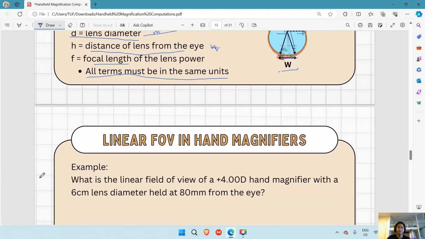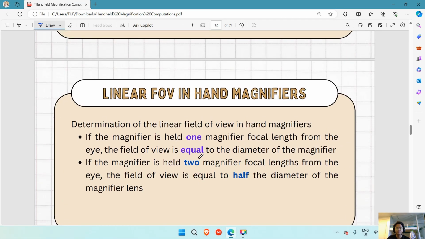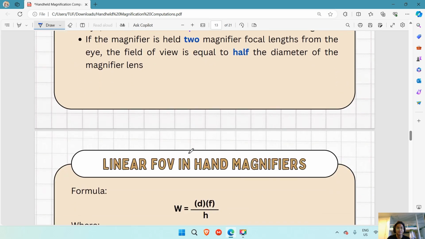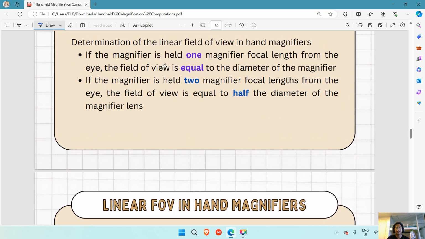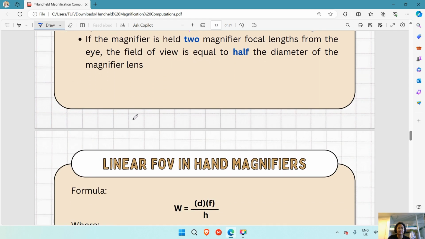Okay, for an example, let's go back there so they can interpret this. If the magnifier is held 1 magnifier focal length from the eye, the field of view is equal to the diameter of the magnifier.